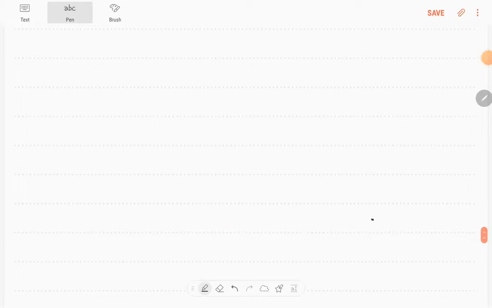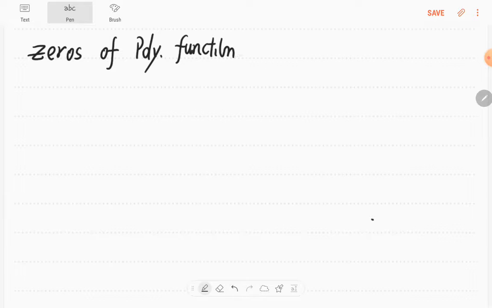Zeros of a polynomial. We have learned the definition for the zeros of a function. That is the same. So now our function becomes a polynomial function. Zeros of a polynomial function.